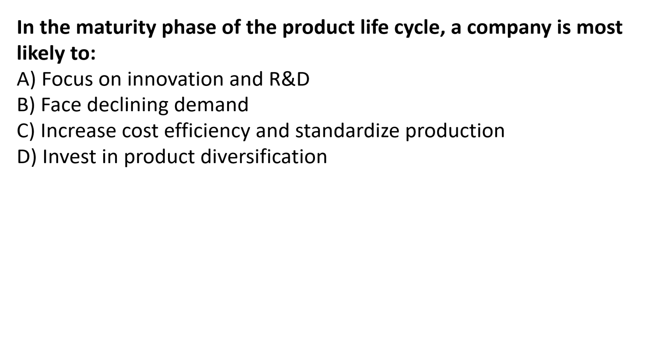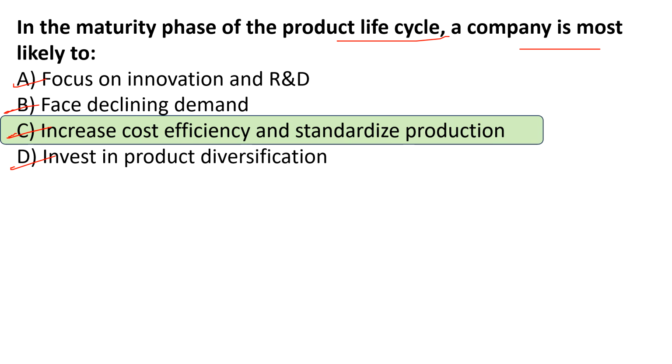Next, in the maturity phase of the product life cycle, a company is most likely to focus on innovation and research and development, face declining demand, increase cost efficiency and standardize production, or invest in product diversification. So the right answer is option C, increase cost efficiency and standardize production.